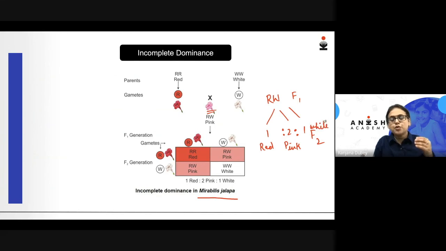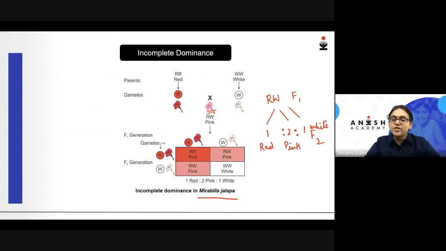So we do see deviation from Mendel's concept of dominance, but not in its entirety, not completely. That is why this phenomenon is called incomplete dominance.